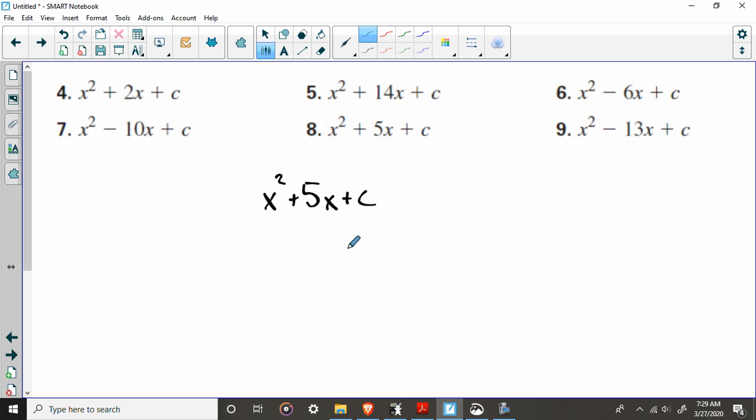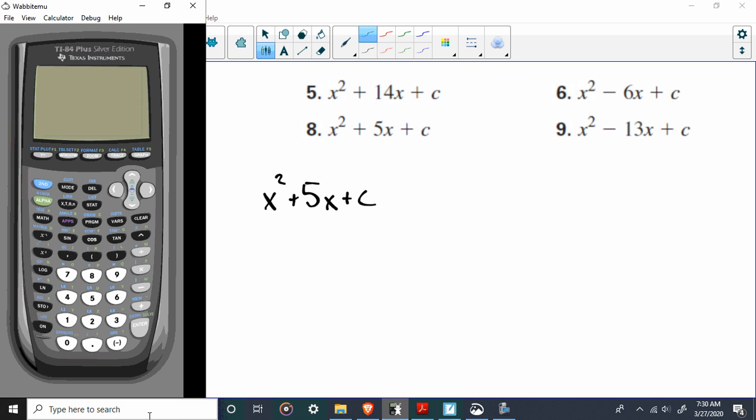This is not a nice situation. So a is equal to 1, but I need to take b over 2 squared. Well, that's 5 over 2 squared. So that's 2.5 squared. And again, there is an answer to this problem, but our c term is going to be 6.25.